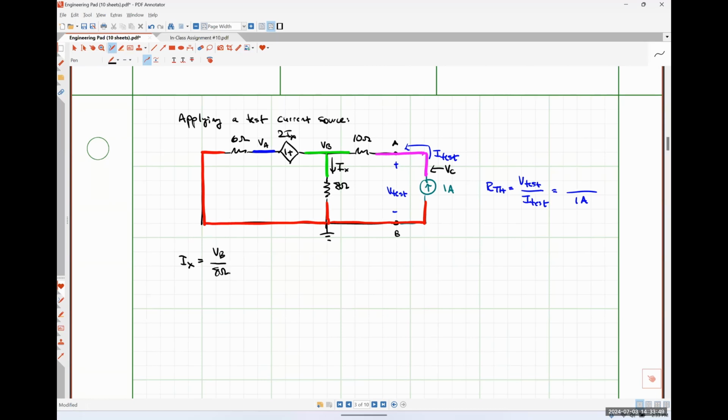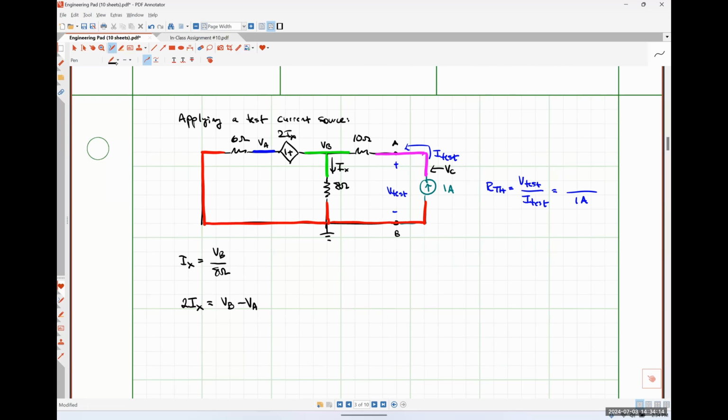Okay. I have a voltage relationship equation because there is a voltage source. So I'm going to have twice IX is equal to what? Somebody tell me what's going on here. You'll start at the positive terminal, so it's just going to be VB minus VA. Exactly right.